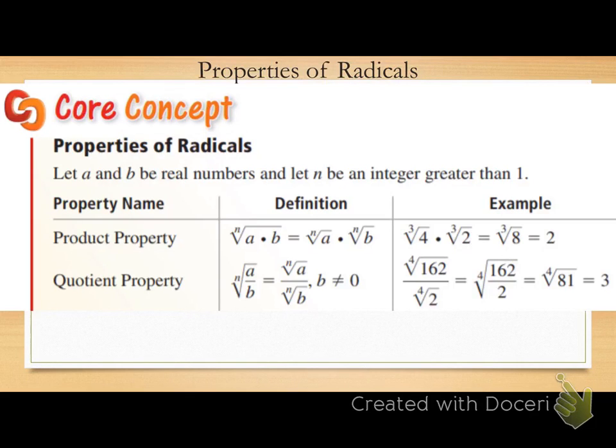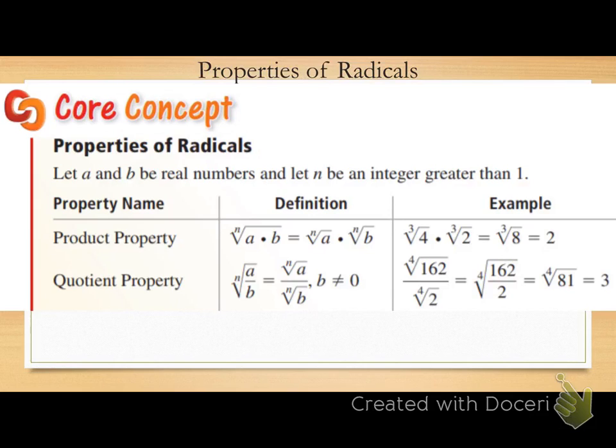Any questions about this product property or quotient property of my radicals? We've dealt with these with square roots all last week. Dividing the radicals, right? We did a little bit of multiplying and a little bit of dividing. Today, we're going to go into higher roots than square roots.